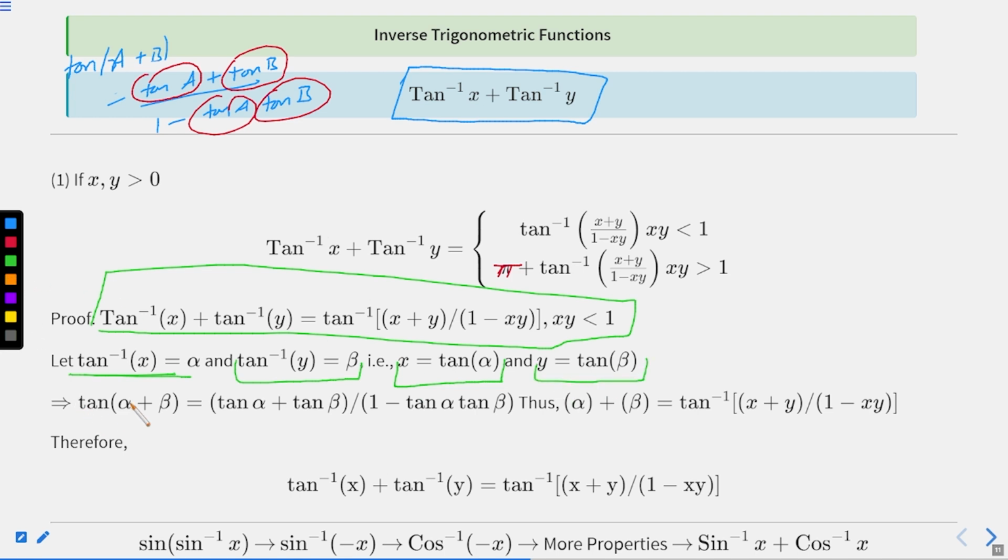Now evaluate tan of alpha plus beta. Use this formula: tan alpha plus tan beta over 1 minus tan alpha tan beta. I know that tan alpha is x and tan beta is y. Just replace all the values.